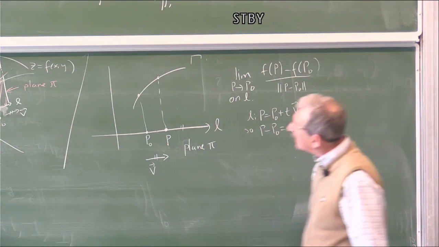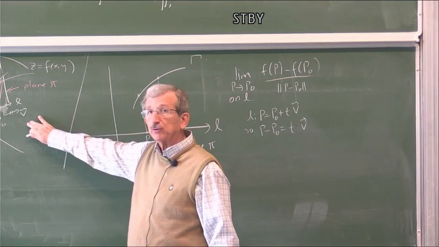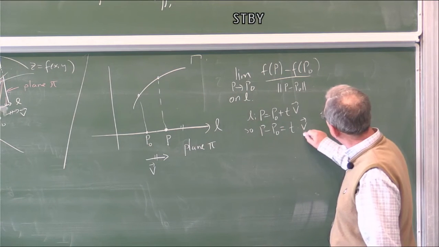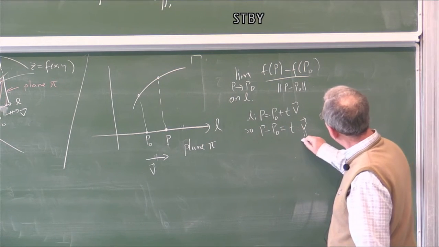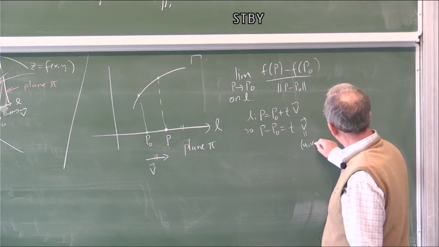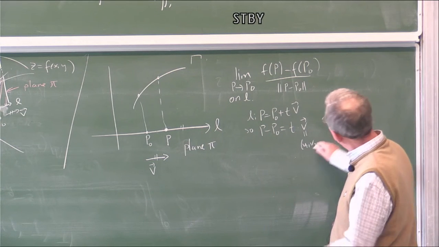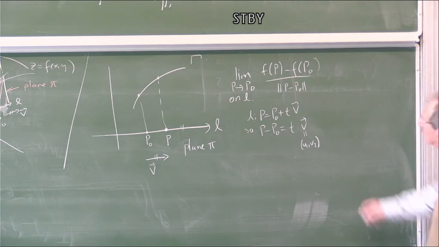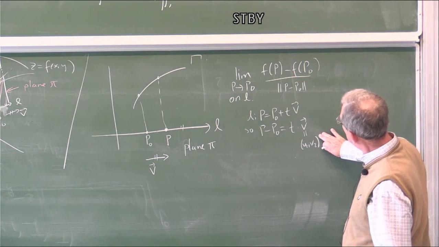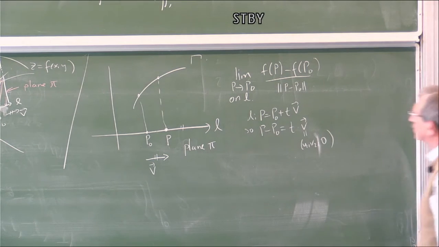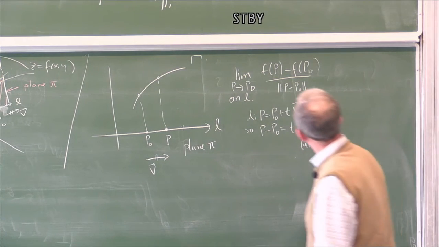Now v is a vector in the plane, because its z value is 0. So I will show it as v1, v2, and 0. Actually I will not need this 0.